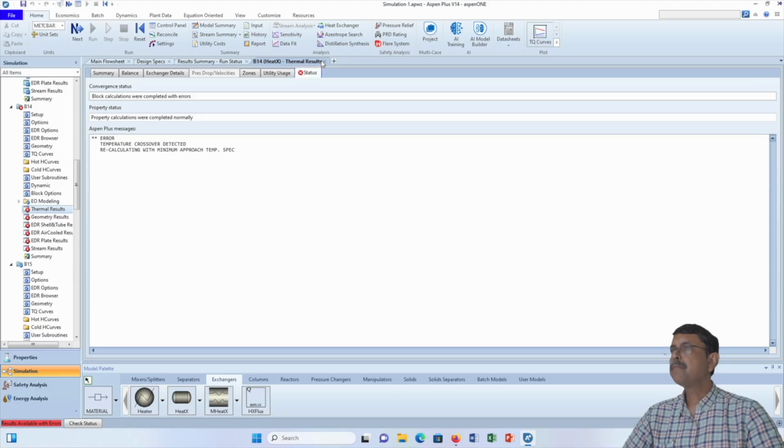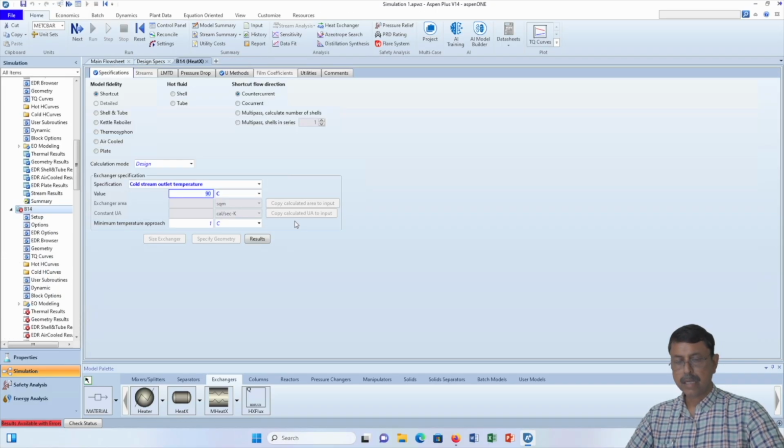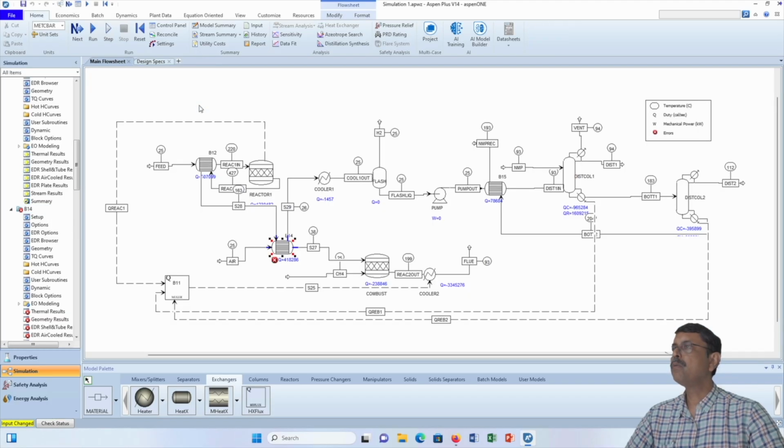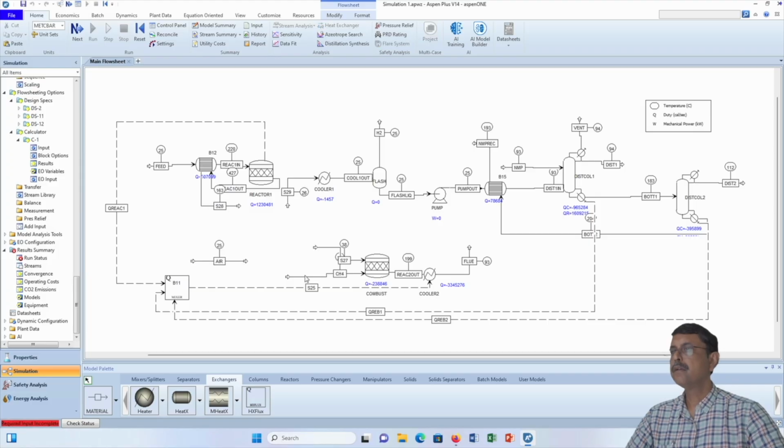Okay, here some temperature crossover has been detected. So maybe we cannot run up to 90 degrees centigrade. So let us make it up to 50 degrees centigrade and see how it works. Or we can just delete this one. Okay. There is no point in preheating the air at this moment.